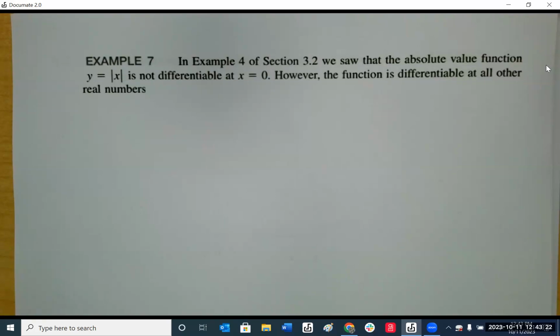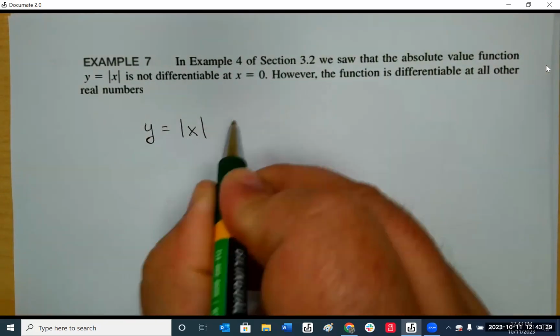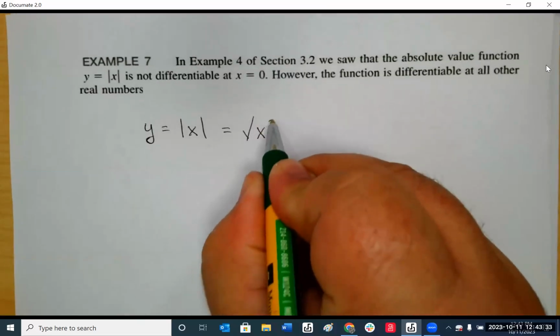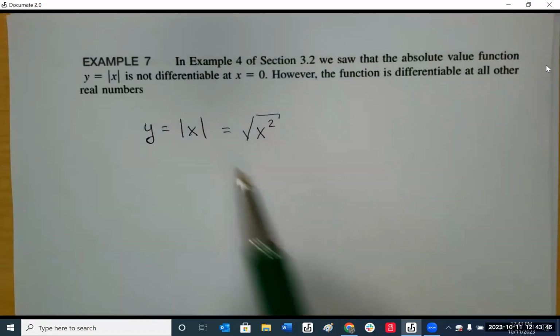So in this kind of example, we can rewrite absolute value of x as the square root of x squared, because all it really does is change the value of the function to be a positive value. We can define it as that. Let's take the derivative of this.